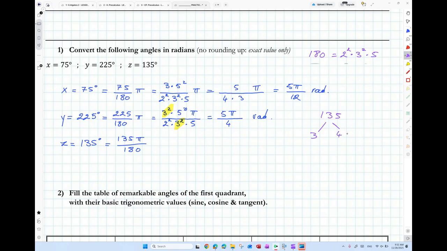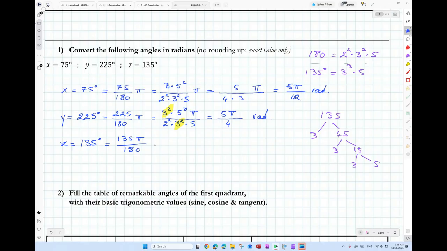So 3 times 45 is 135. So 45 is 3 times 15, which is 3 times 5. So 135 degrees is 3 cubed times 5.